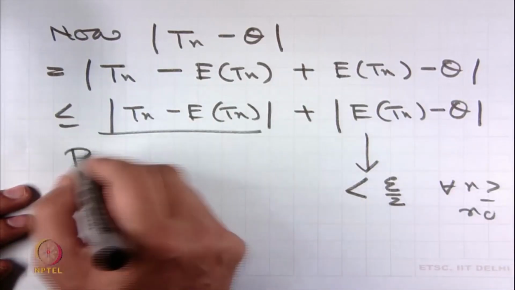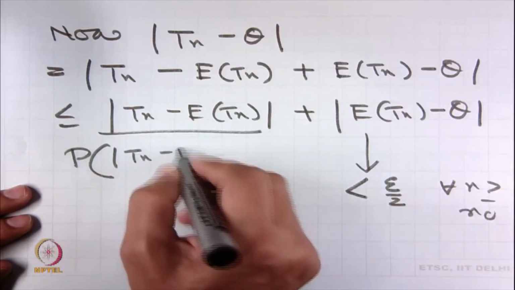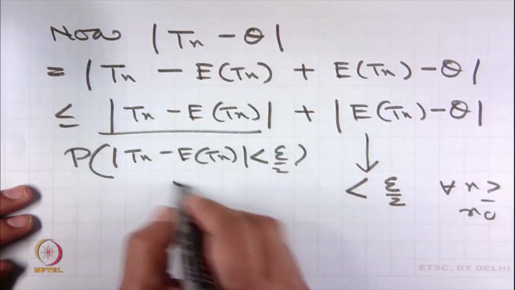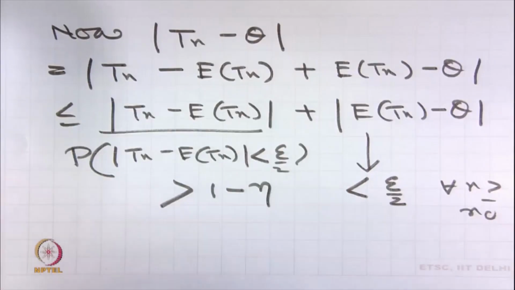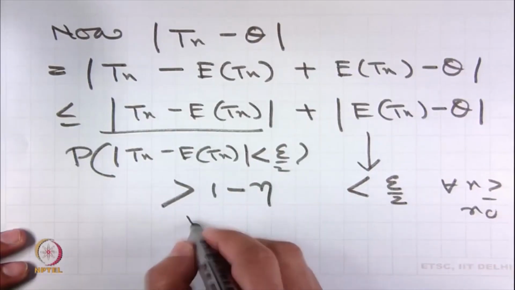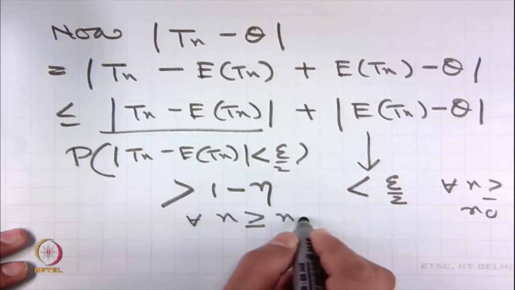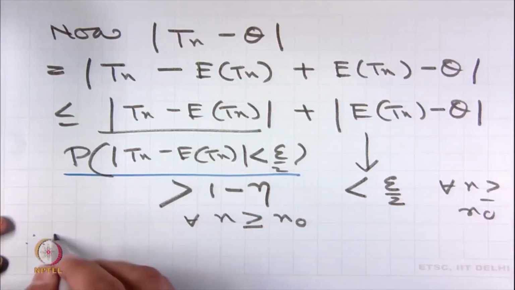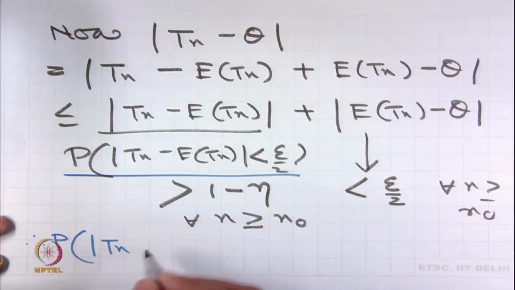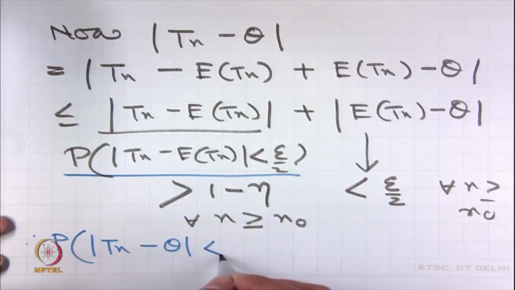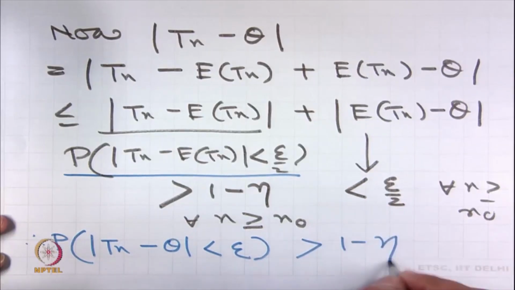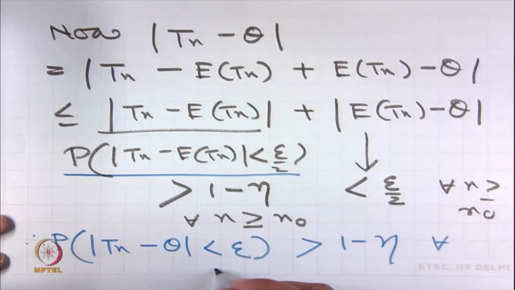This probability, less than epsilon by 2, is greater than 1 minus eta for all n greater than equal to n naught. Therefore, from these two we can see that probability modulus of T n minus theta less than epsilon is greater than 1 minus eta for all n greater than equal to n naught.